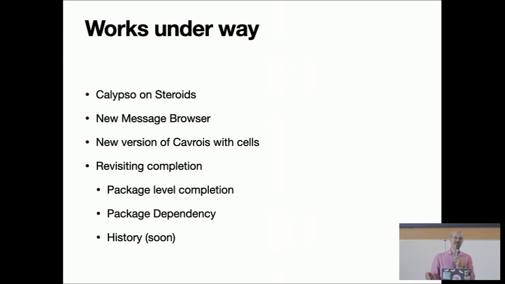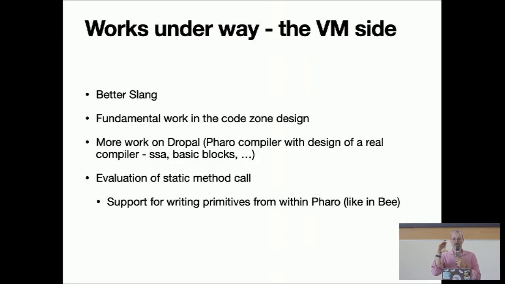So what is the code zone? This is the place in the virtual machine where the assembly is generated and placed. And there is an impact on the way the information is stored there, like the literal objects and things like that. And this has an impact on the garbage collector. So we are revisiting that. We got several people working on that.